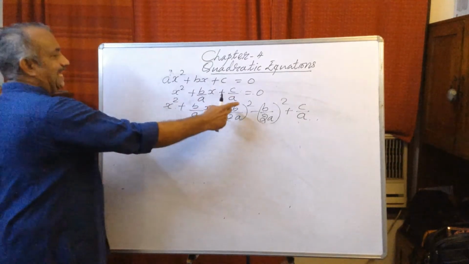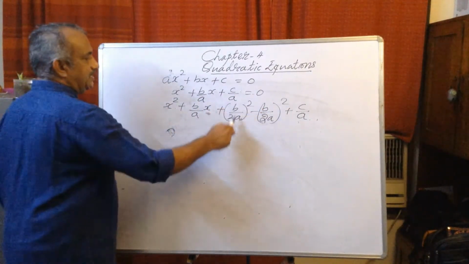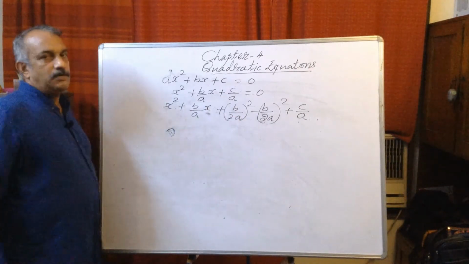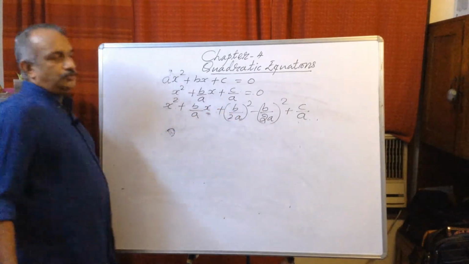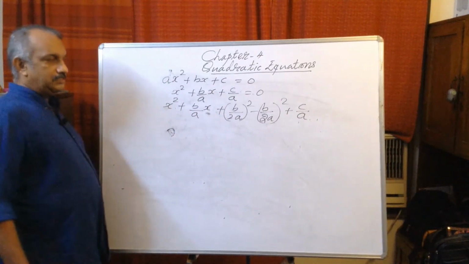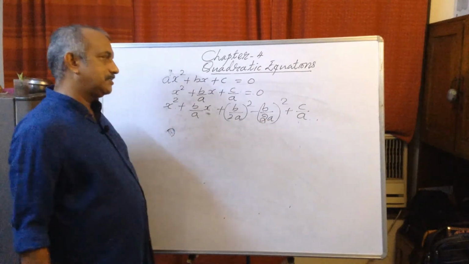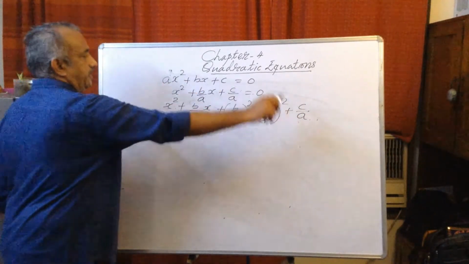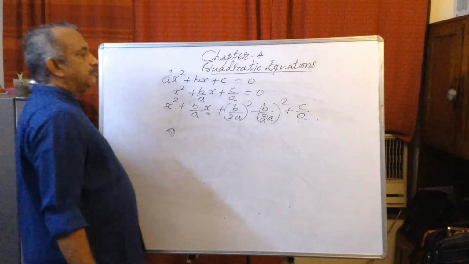So the same thing is added and subtracted. It is because when we see, the middle term is coming b upon 2a only, that is why. So these two terms will get cancelled and we get the same, this one only: x square plus b upon a x plus c upon a is equal to 0.